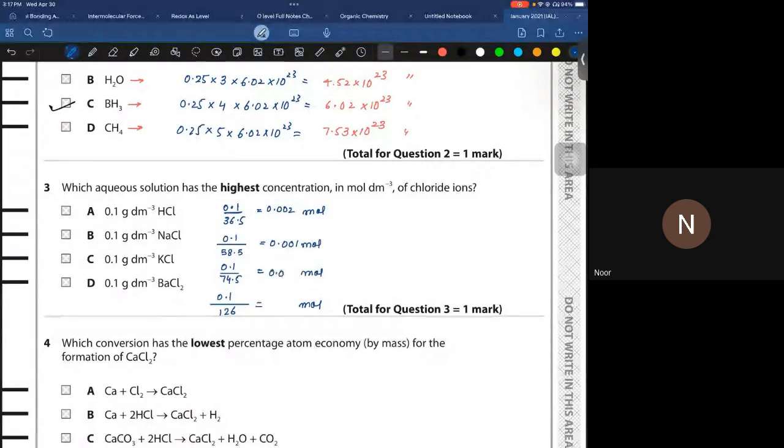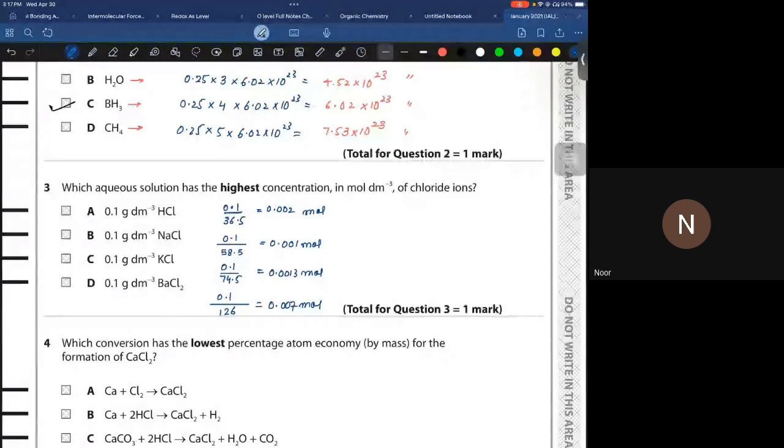The fourth one, 0.0007 mole. I have to find out the concentration.